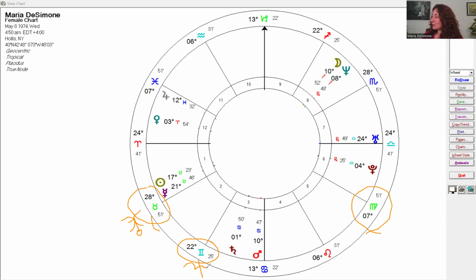And I would have missed out on a very nuanced predictive point, which is why I am a huge fan of the Placidus house system. These intermediary house cusps give you gold when you are looking at your astrology through this lens.